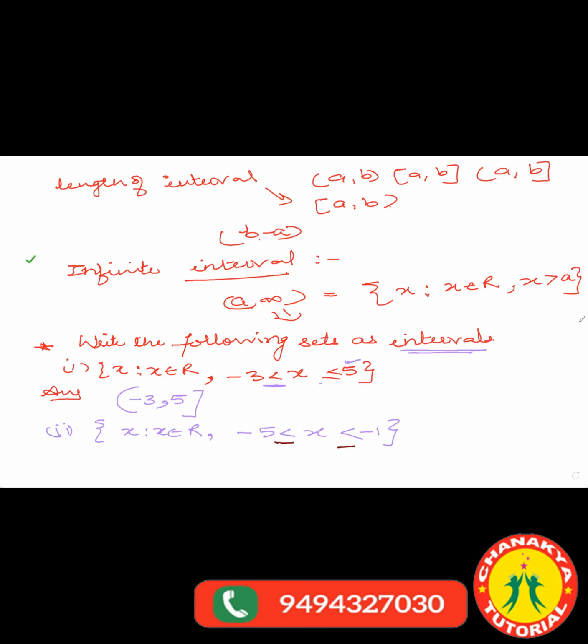This sign belongs to which interval? Open. Yes. So how will you write? Good, -5. Dhatri. Open. So how will you write, beta? Speak loudly. -5, -1. Yes. And it will be an open interval, right? Very good. Clear? Have you understood, children?